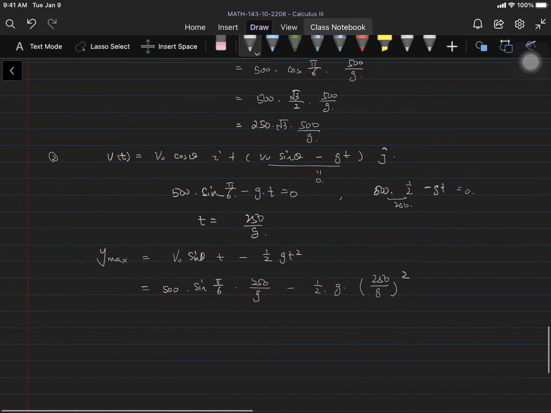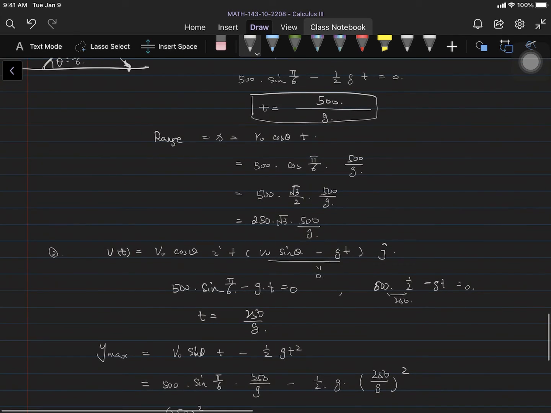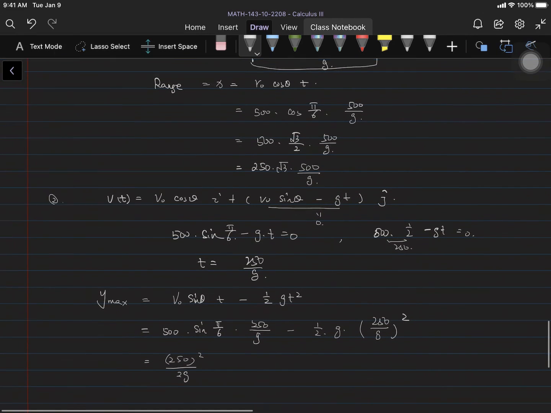After simplifying, this should be 250 squared over 2g.